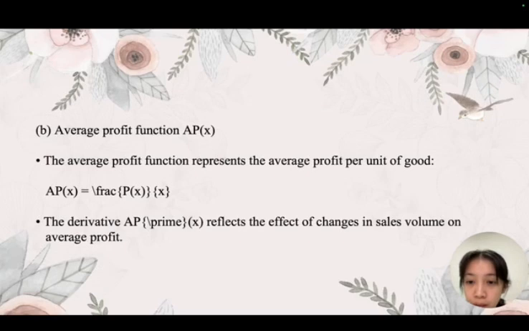The average profit function represents the average profit per unit of good. The derivative of the average profit function reflects the effect of a change in sales volume on average profit.